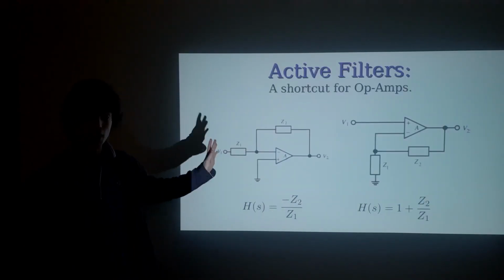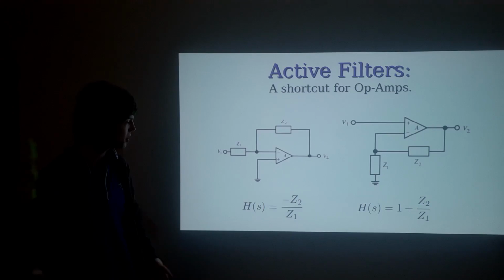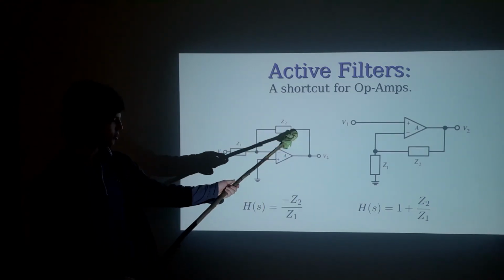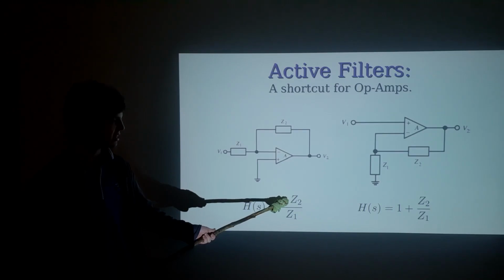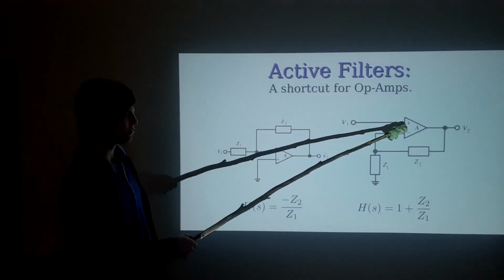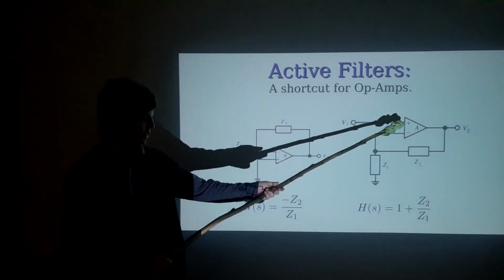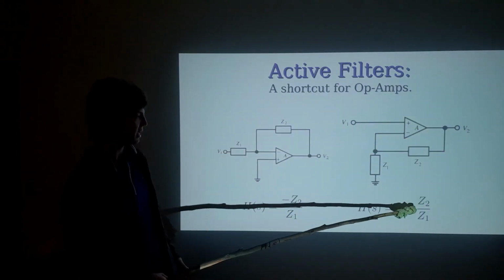Active filters are where you do have op-amps in the system. There are essentially two basic arrangements for them. This is the inverting arrangement, you can tell because it has the minus sign here. This is the non-inverting arrangement where the input is fed to the non-inverting input, the one with the plus on it, and that has this form here.